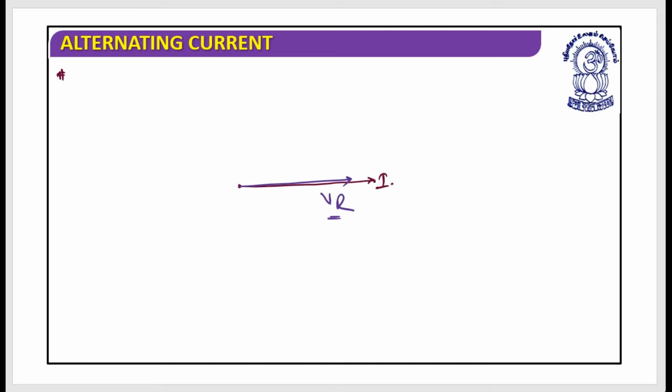Now let's suppose this is VL, and this is VC. So if this is VL, this is VC, and this is VR, we could have V somewhere here, and this would be the angle. I hope this is clear. Do you understand this? In this circuit I have considered that VL is greater than VC.